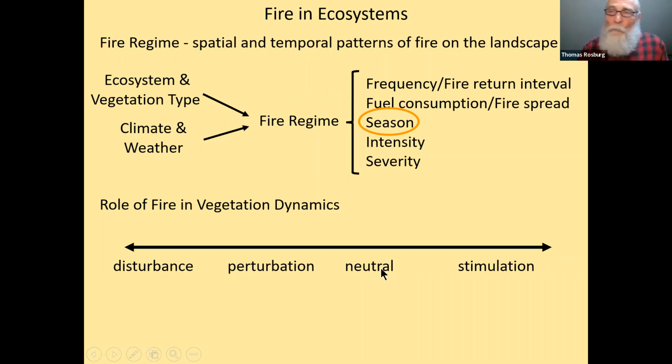Disturbance is a situation when there's major amounts of vegetation change because there's dramatic impacts on the quantitative amount of plant species, so much that there's qualitative change. Species are lost and new species come in.